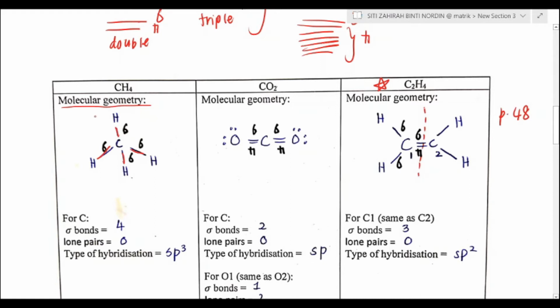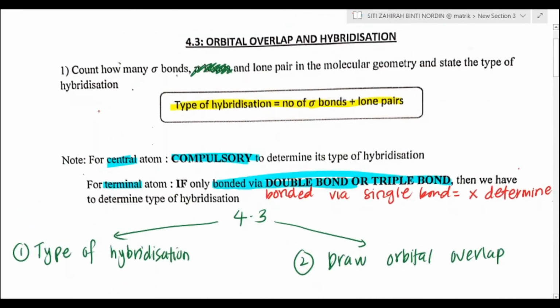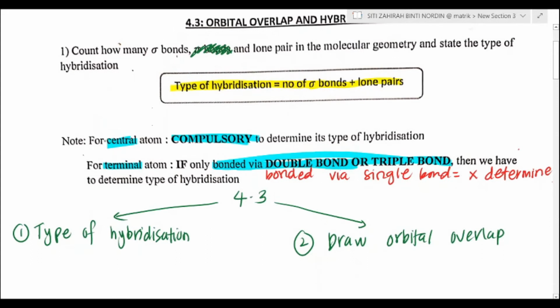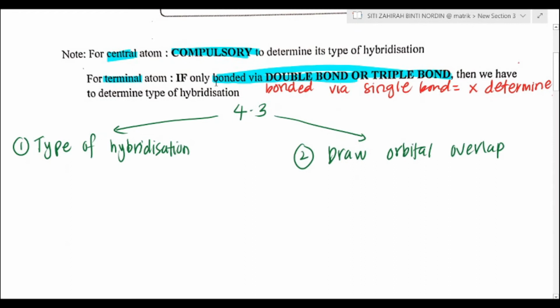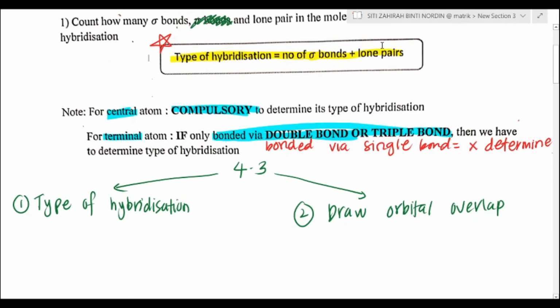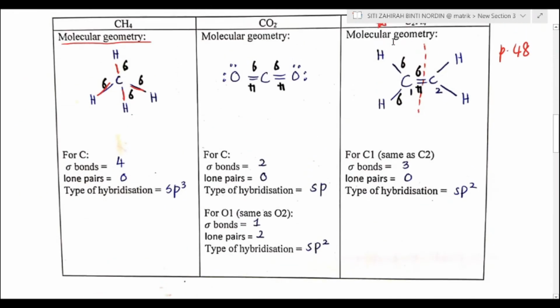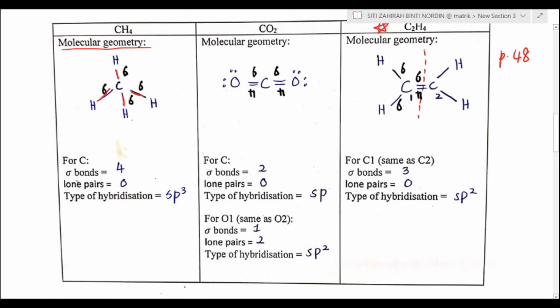For carbon, remember that it is compulsory to determine the type of hybridization for the central atom. So look back at this formula. You have to find out how many sigma bonds and lone pairs. For carbon, we've got 4 sigma and 0 lone pairs, because carbon does not have any lone pair around it.